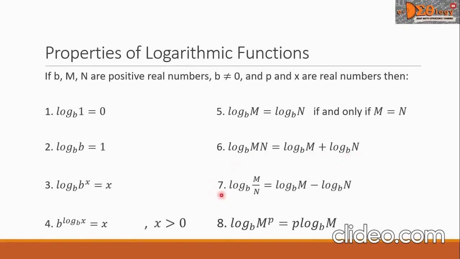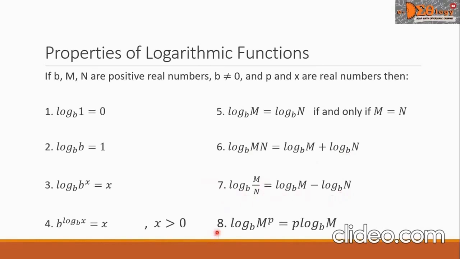Property number 7. This is the log of a quotient. When we have M over N, and we will take the log of that to base b, this is equal to the log of capital M to base b minus the log of N to base b.